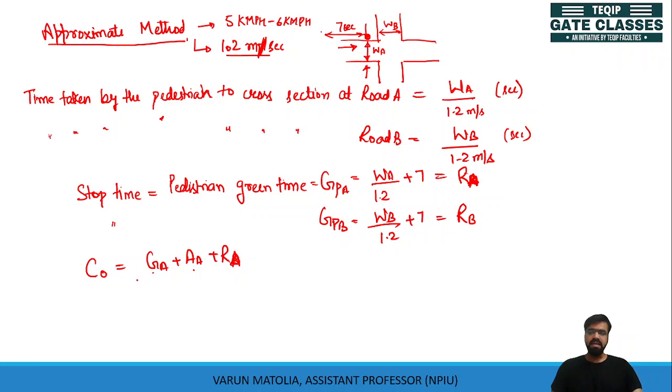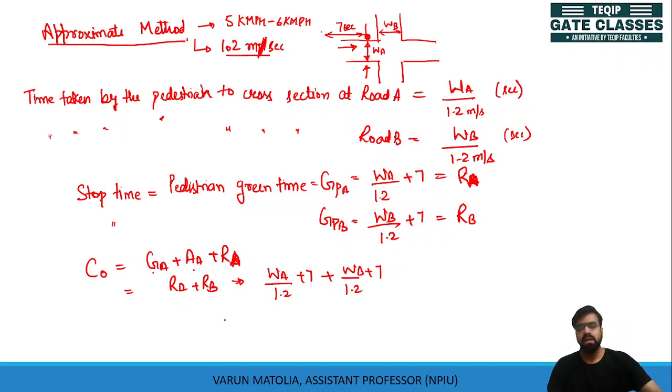So I can write it as cycle duration is RA plus RB. And I know what RA plus RB is: WA by 1.2 plus 7 plus WB by 1.2 plus 7. So this is your cycle duration.